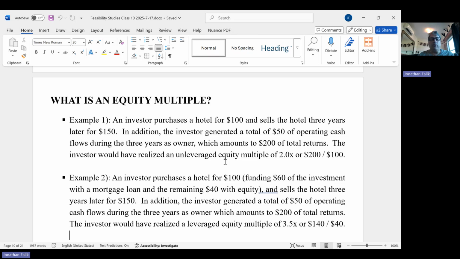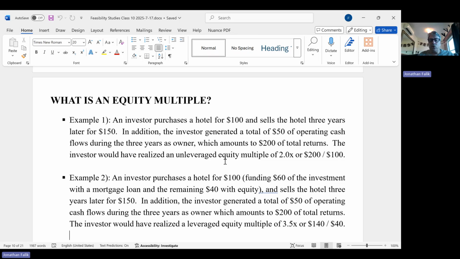Okay, example 2: an investor purchases for $100. They fund 60 with a mortgage loan, so they have $40 of equity. They sell the hotel 3 years later for $150. So what do they have to do when they sell? They have $150, but they have to pay off $60 of debt.